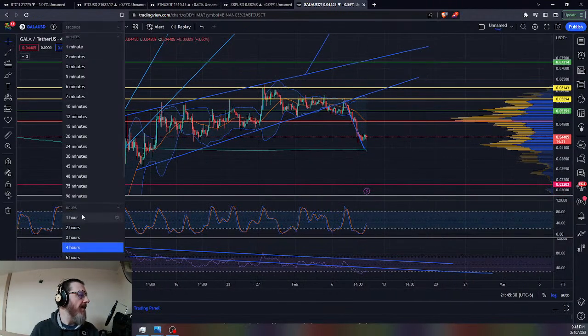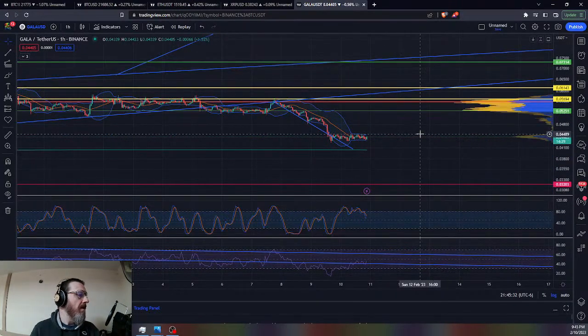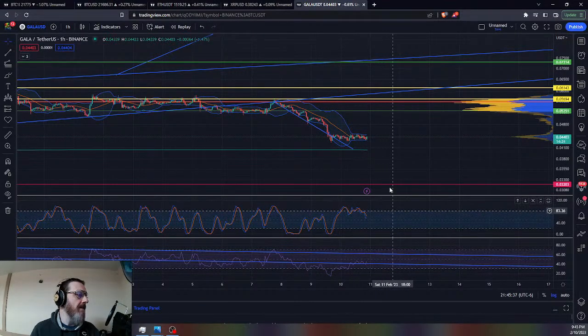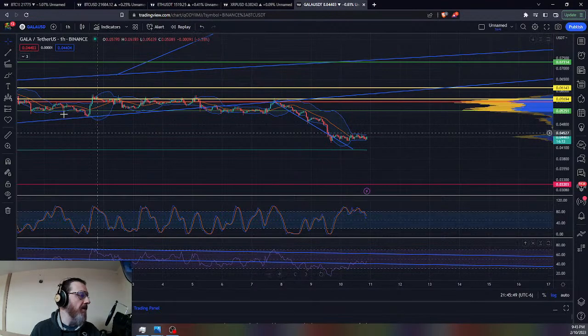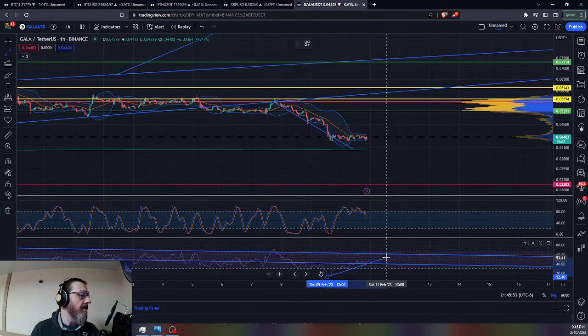We do have to keep an eye on that 4 hour. The 1 hour kind of looks like it's losing strength with this waning stochastic RSI and flat price action. But we do have a little bit of bullish divergence with this RSI. It's a little bit of a different class of bullish divergence, where we have flat price action and rising RSI.